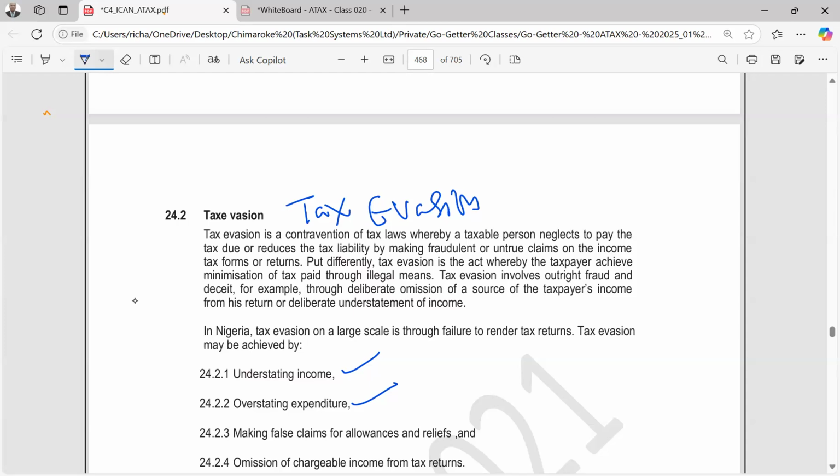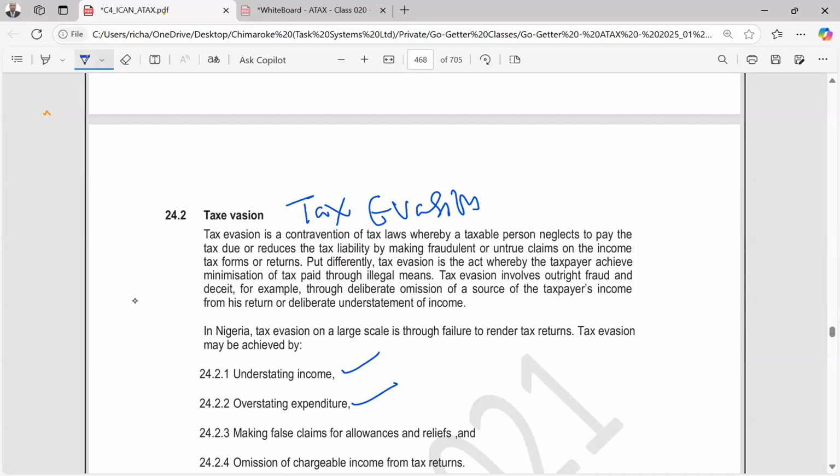Transportation. Of course, transportation may not be overstated because you may need to show proof, for example, if you have flight tickets. But sometimes some people will take advantage of those that are not receipted in local travels.